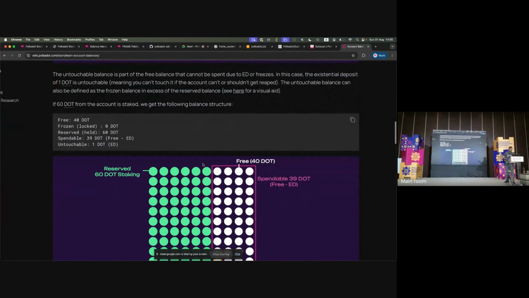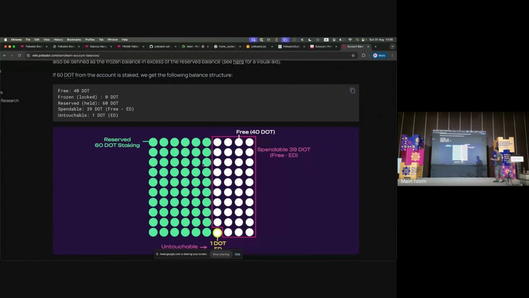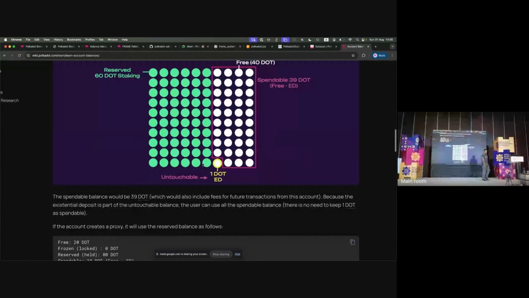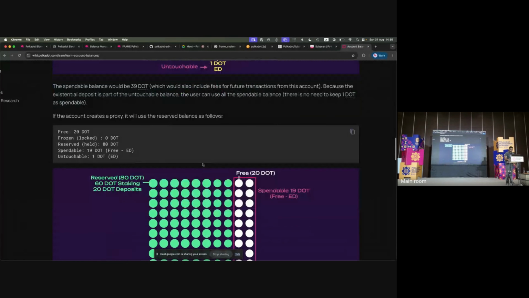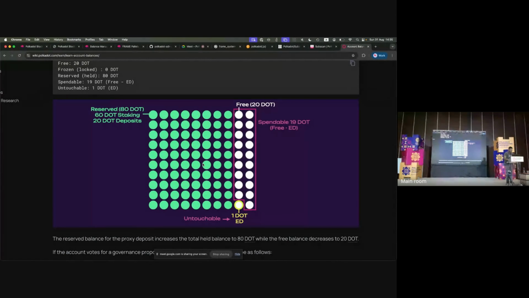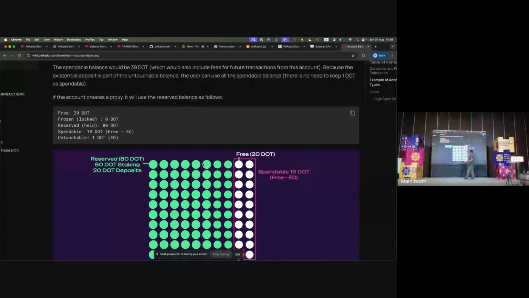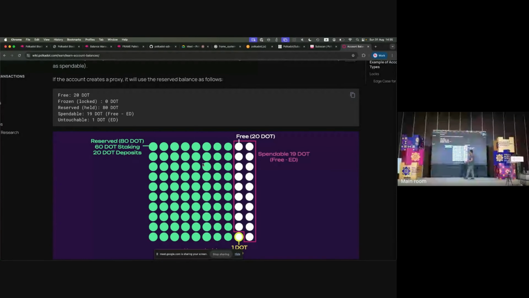Let's say we stake 60 DOT. What happens then? 60 DOT is reserved, 40 is free, but 1 of that is the ED, so 39 is spendable. Now we created a proxy, and for the proxy we make a deposit of 20 DOT.